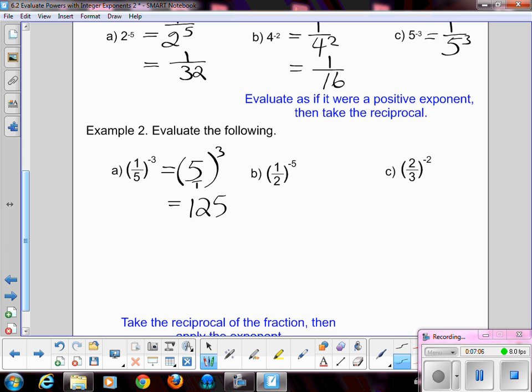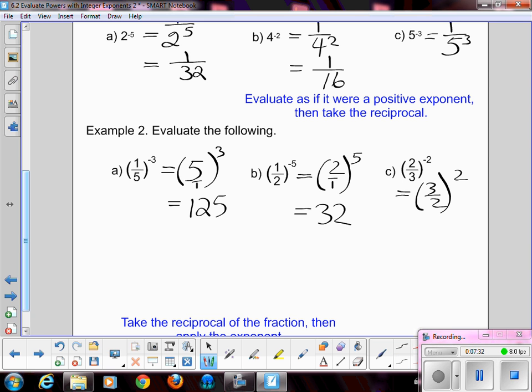The next one, 1/2 to the negative 5. I'm going to take the reciprocal of 1/2, which is 2 to the power of positive 5. So this is really 2 to the power of 5, which is 32. The next one, 2/3 to the power of negative 2. I need to take the reciprocal of 2/3, which is 3 over 2 to the positive 2.